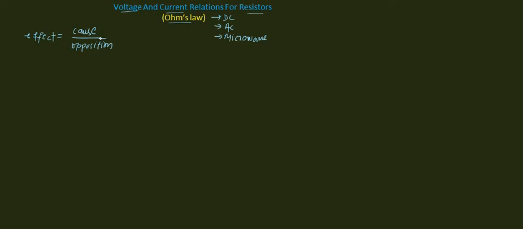To derive Ohm's law from this basic physical system equation, let's consider a simple circuit in which we have a resistor R, which is connected across the terminals of the battery through conducting wires.